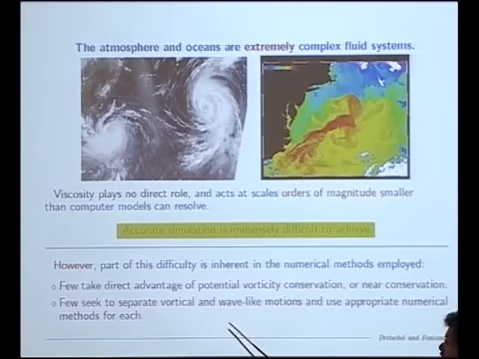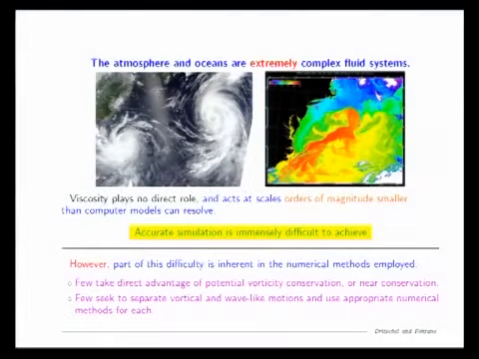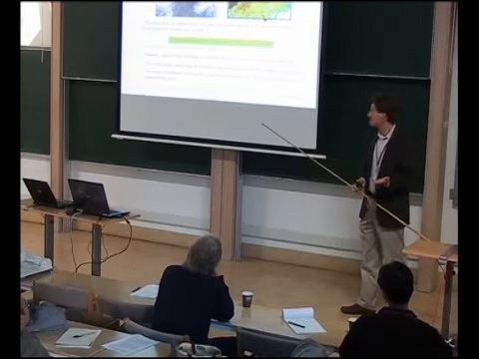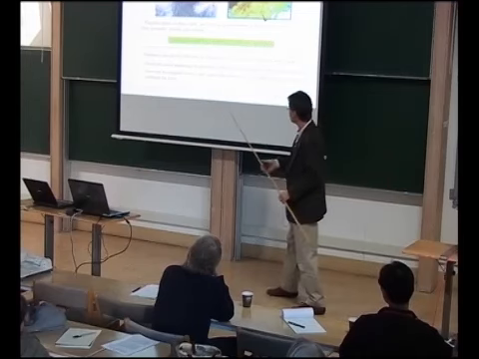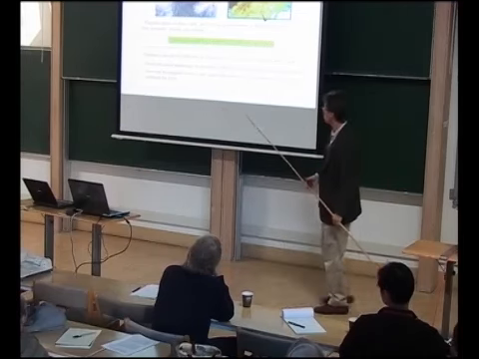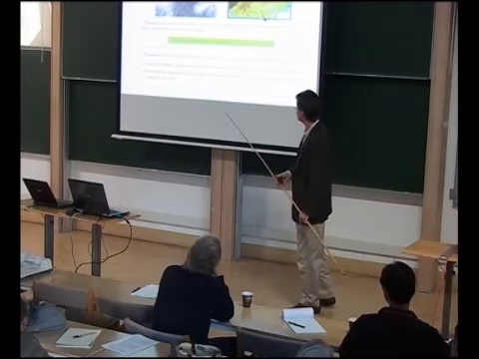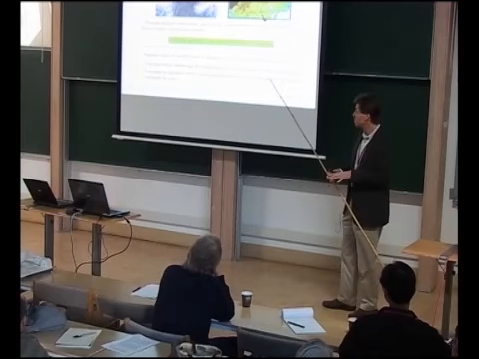I won't speak about this so much today, but it has come up in the issue of balance and imbalance, and that we've been also very careful to rewrite equations in such ways that when we use potential vorticity as a prognostic variable, as they call it in the jargon, a variable that we evolve directly, we are then left with the question of what other variables should we evolve alongside potential vorticity.